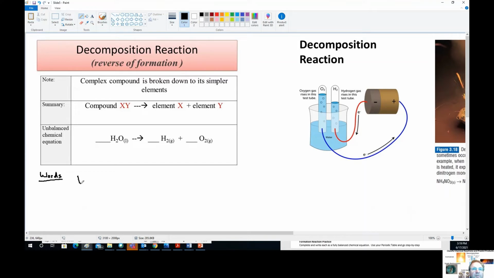So what if you were given the following words? Water is broken down, and this could very well be a test question, into hydrogen and oxygen.